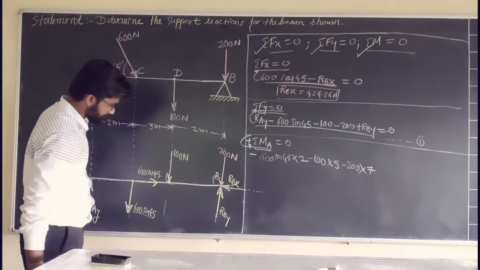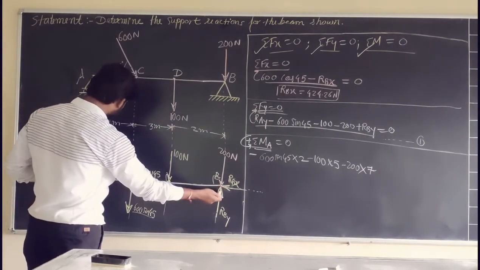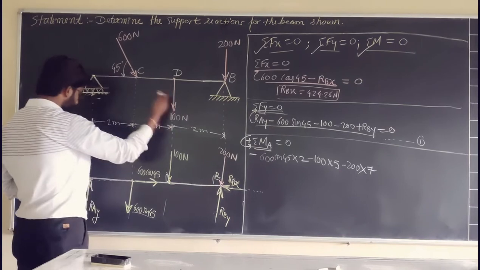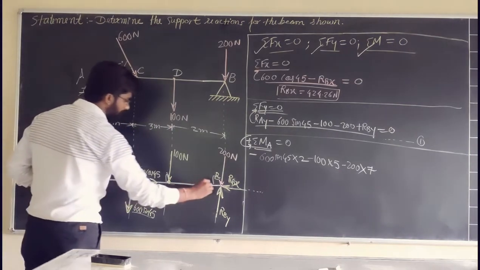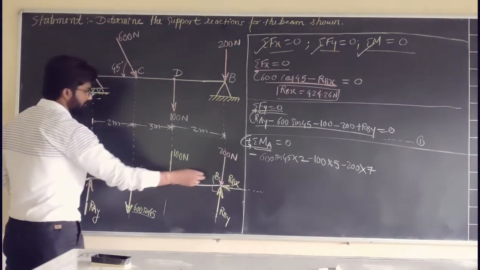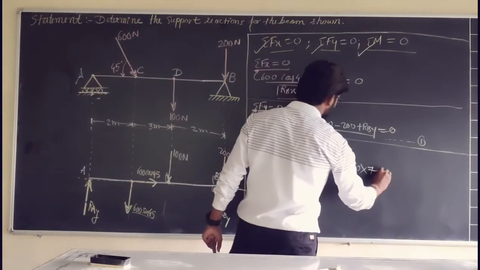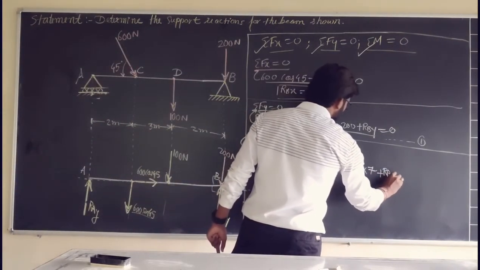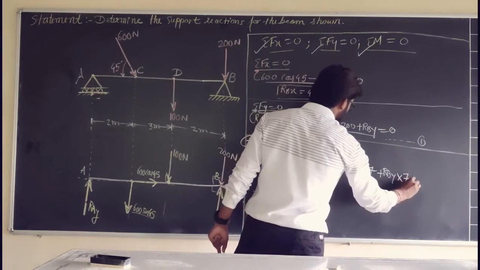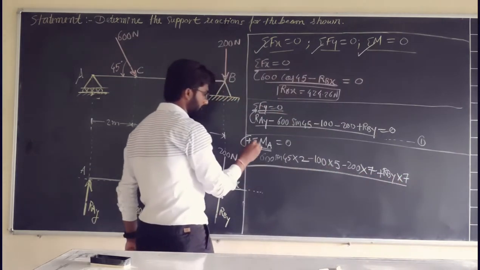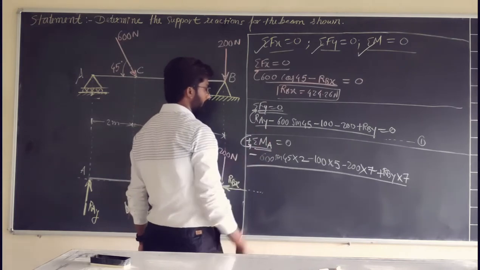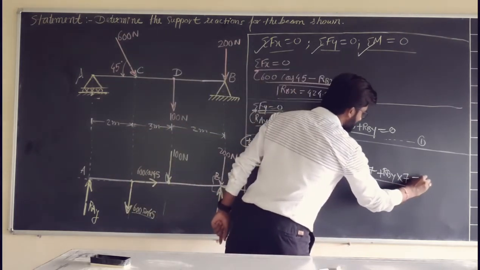Then we have RBY about A. It creates an anti-clockwise effect, and its perpendicular distance about A is the same as that of the 200 Newton force, that is 7 meters. So we write plus RBY into 7, and this whole thing is the summation of moment about A, which we equate with 0.